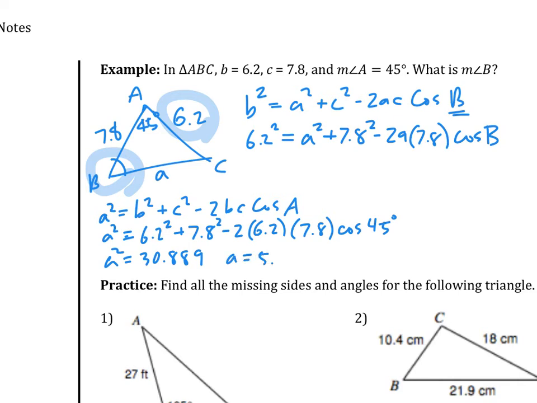A is 5.558. Okay, now we can go back into the problem and solve for angle B. Now, solving for angle B is a different style or different format of solving it. So I'm going to show you how to do that.